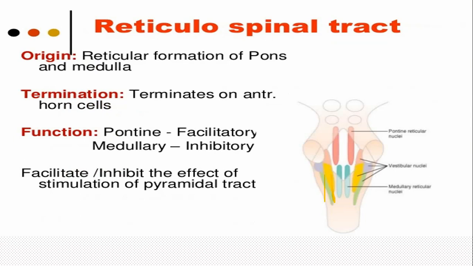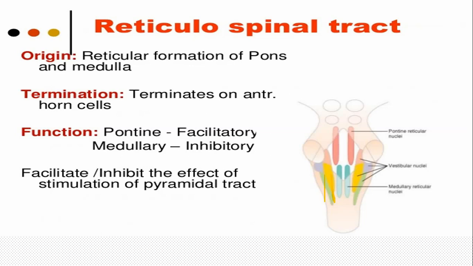Then the reticulospinal tract. The reticulospinal tract is also under the broad heading of the medial system. These are the pontine and medullary reticulospinal tracts. They originate from the reticular formation of the pons and the medulla.